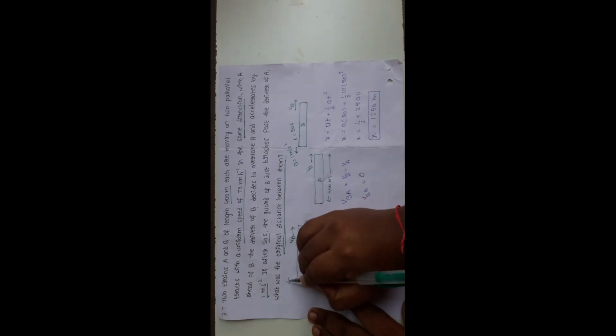So the total displacement of B relative to A is 1250 meter. The length of the two trains together is 800 meters.